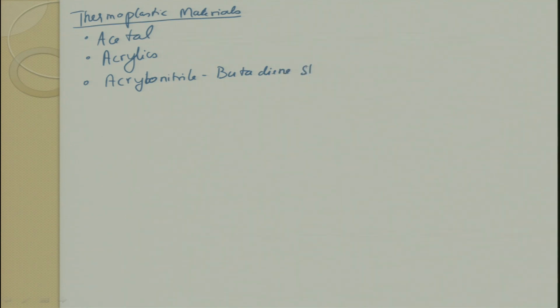So, thermoplastic materials we can have acetal, acrylic, acrylonitrile butadiene styrene.